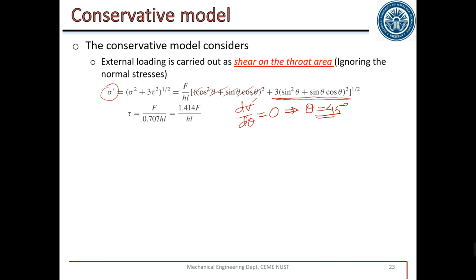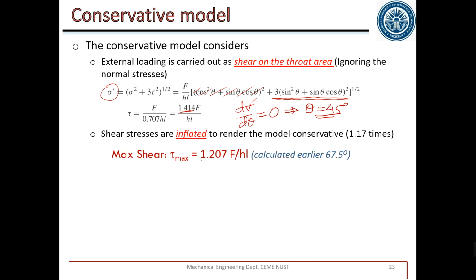They said that if they take the cross-section area at 45 degrees, they get a maximum shear stress. How much maximum? When they substituted this value in the equation, they got a value of 1.414. What was the maximum shear that they got initially? That was 1.207. So this value 1.414 is 17% more than the maximum stress. So they have already taken a factor of safety of 1.17.